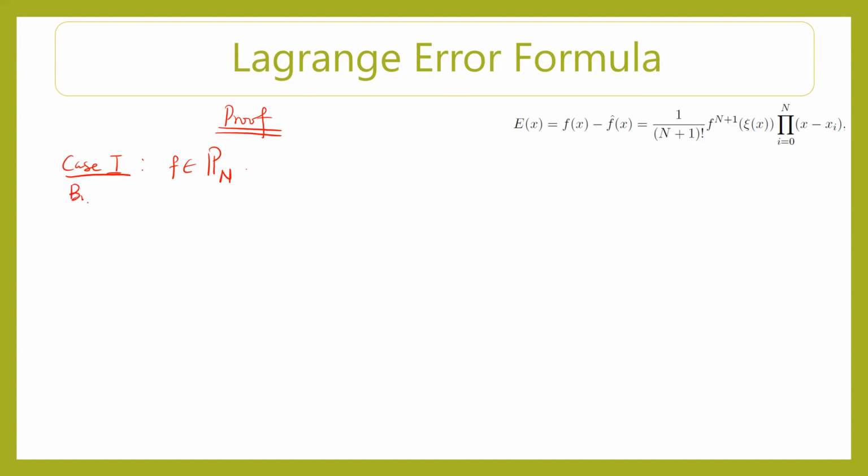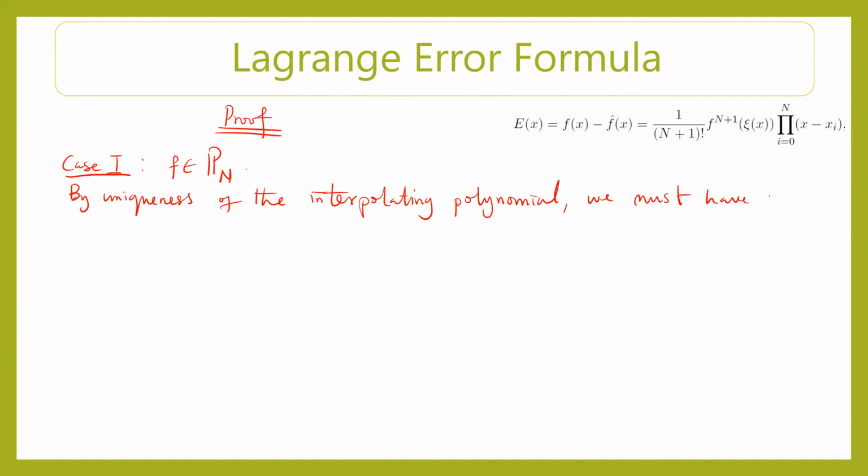So by uniqueness of the interpolating polynomial, we must have that the approximation we are looking for is exactly the same function, since it is already a polynomial.